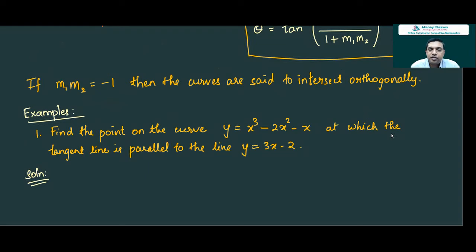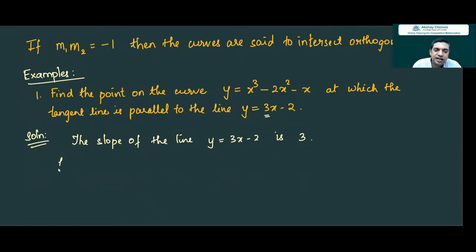So it's a cubic equation. Now, at which the tangent is parallel to y equal to 3x minus 2. That means, what is the slope? Slope of the line y equal to 3x minus 2 is 3.